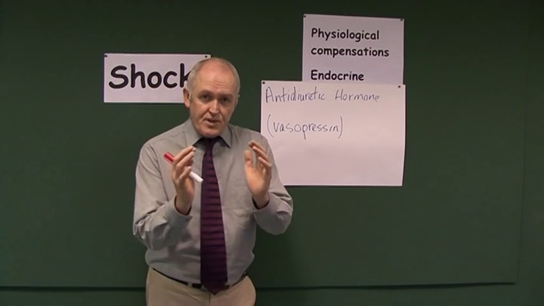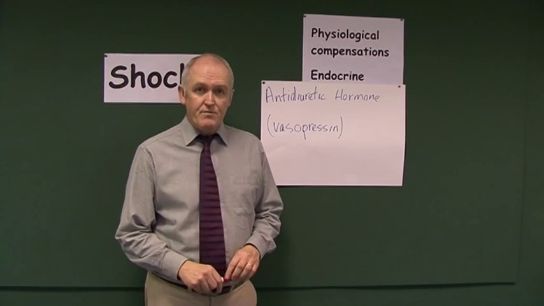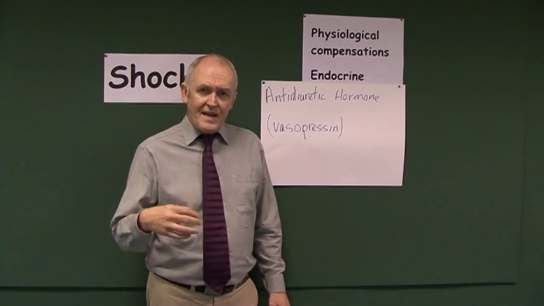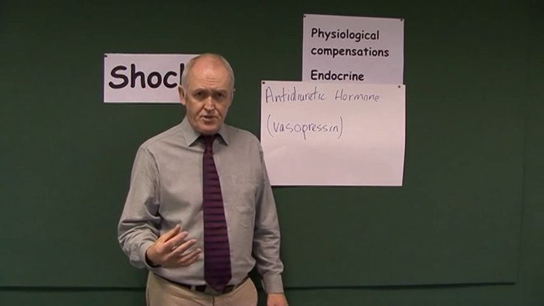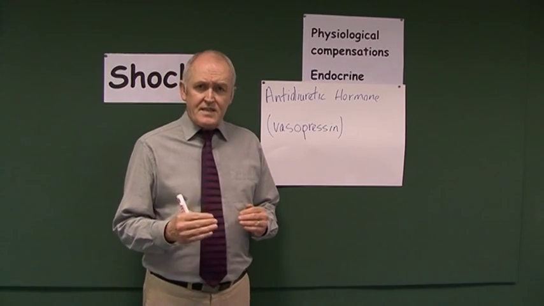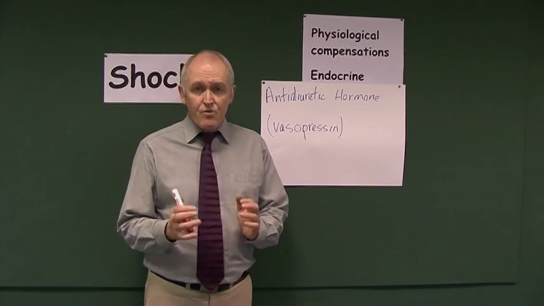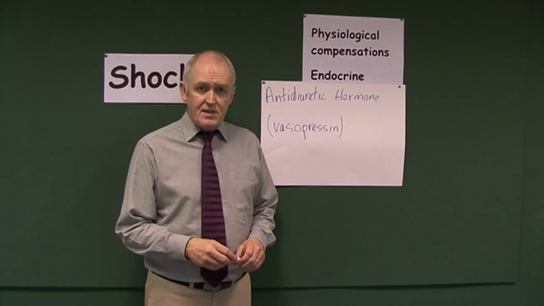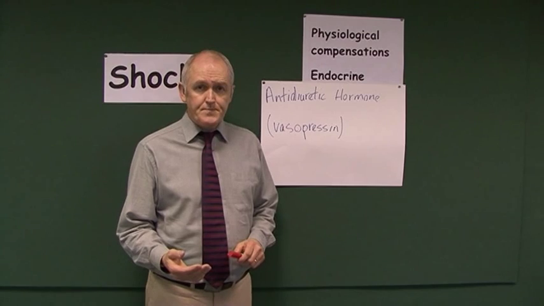And the vasoconstriction, of course, is going to increase the peripheral resistance. So if blood volume drops, more antidiuretic hormone will be produced. And also, if blood osmolarity increases, that is, if the amount of water in the blood is reduced, that will also stimulate the release of antidiuretic hormone.